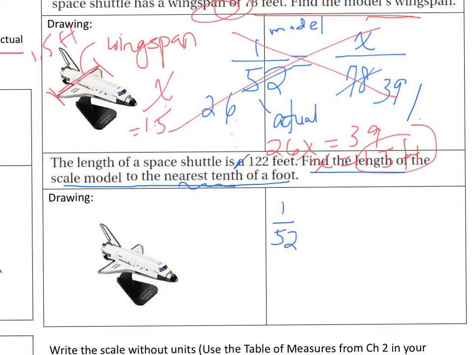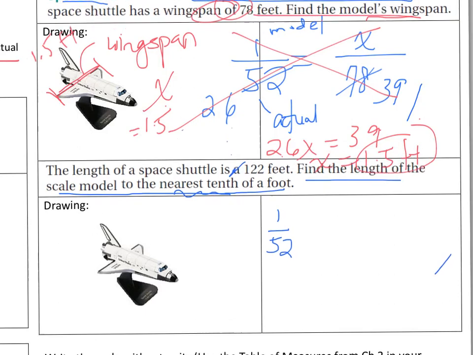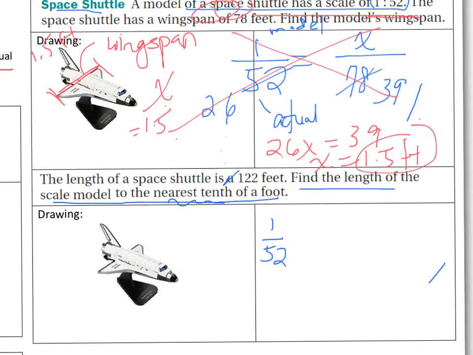I will need to set that equal to x over 122 feet. The reason why x is in the numerator is because that's what I'm looking for. I'm looking for the length of the scale model. And 1, the numerator, represents the scale of the model, and 52 would be the actual length.